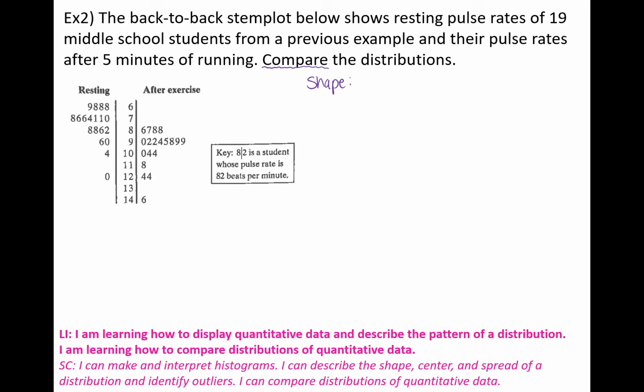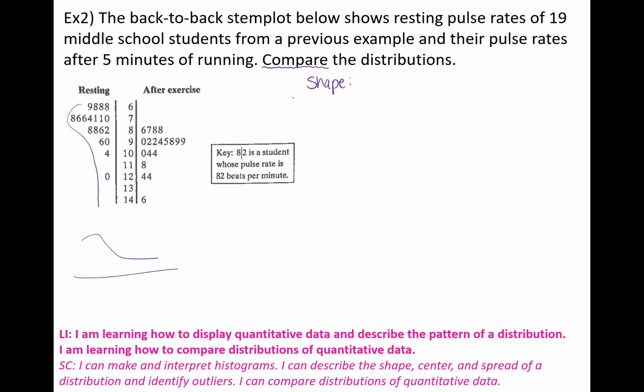So if I look at the resting stem and leaf plot, it looks like it is actually skewed right, which I know is maybe difficult to see. The tail goes towards the bigger stems, which normally would be this way, trailing to the bigger numbers, so that would be my skewed right. I know it's kind of hard to see like that, but thinking about going to the bigger numbers means going right.